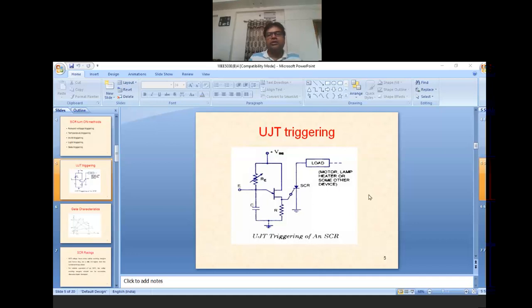Because of this, we can avoid the longer turn on times, and you can also turn on the SCR with lesser turn on times, and you can change the turn on times according to the requirement. That is the advantage of the UJT triggering method of gate triggering of SCR, and it is the most commonly used way of gate triggering method of SCR.